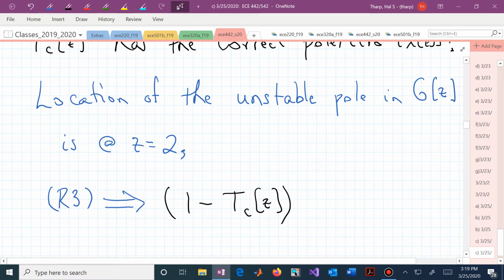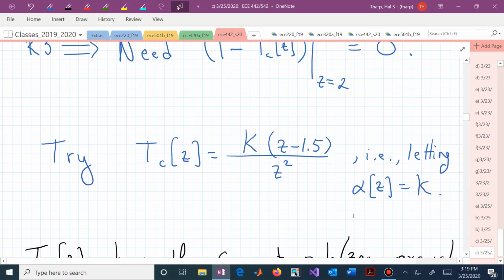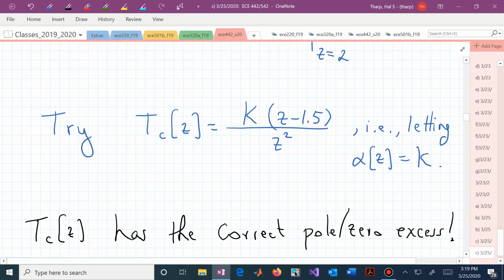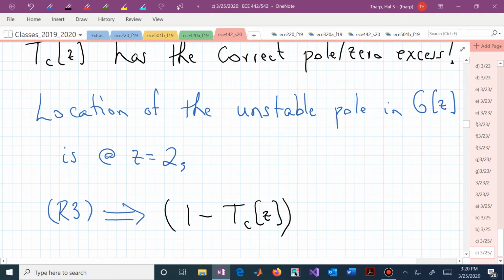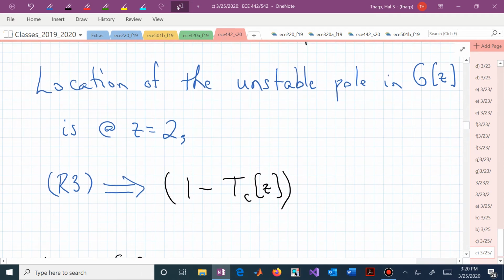We have this unstable pole in g of z, so let's try alpha of z equal to k. Right now we only have one yet to be determined constant in our desired closed loop transfer function. Will that be enough to satisfy restriction 3?